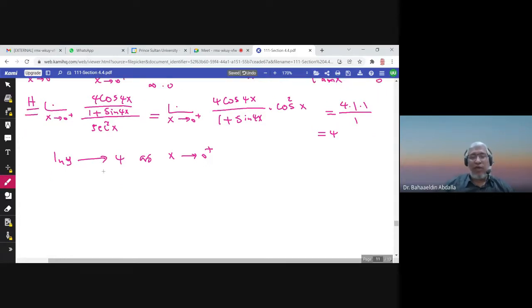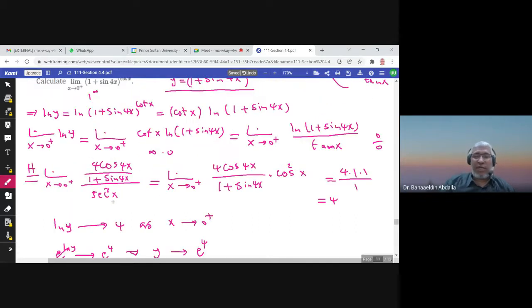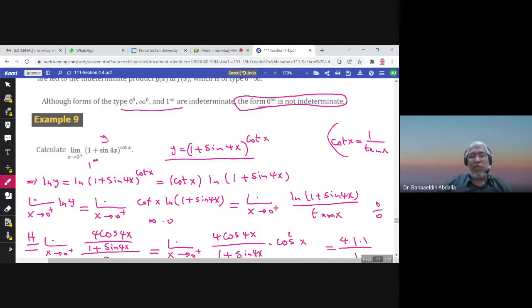But I need y, not ln y. So if I raise both sides to the base e, then e cancels ln and y goes to e to the power 4. So the limit of y when x approaches 0 from the right is e to the power 4, and that's the answer.